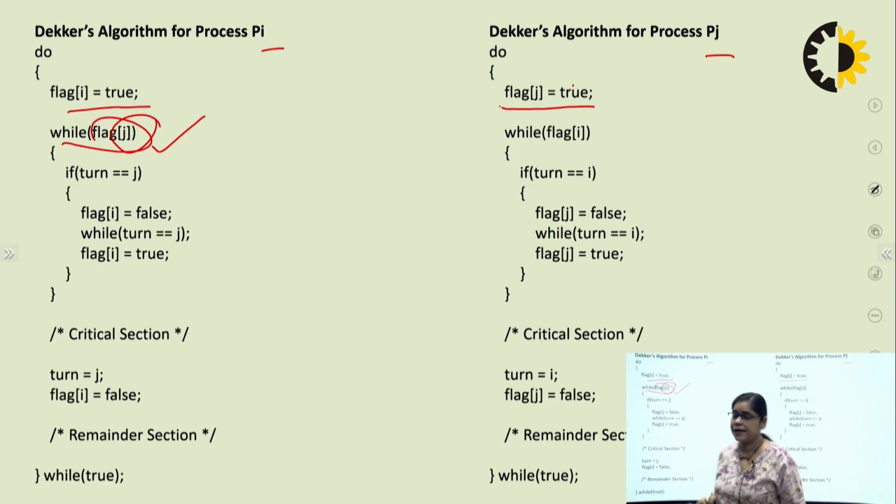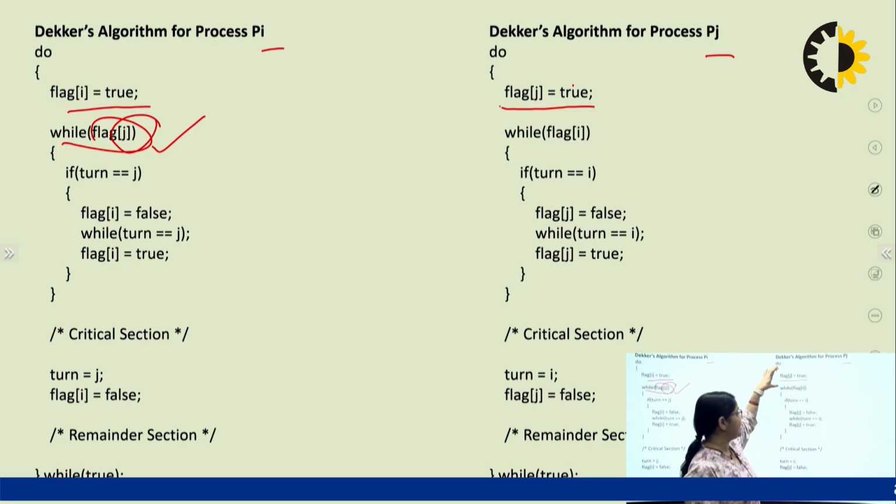Now here also, what does it mean? In the second part, if flag of j is equal to true, it wants to enter, but again it is checking whether the other process wants to enter or not. If the other process too wants to enter that critical section, then again it is giving the turn to the other process.